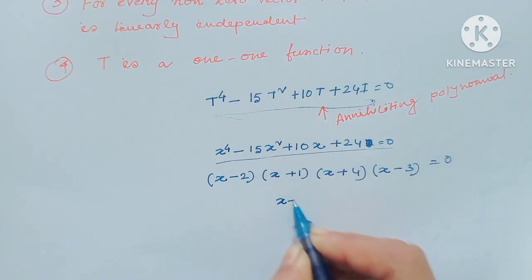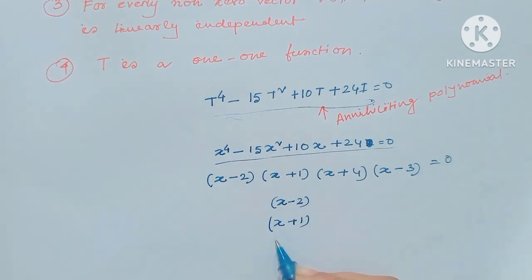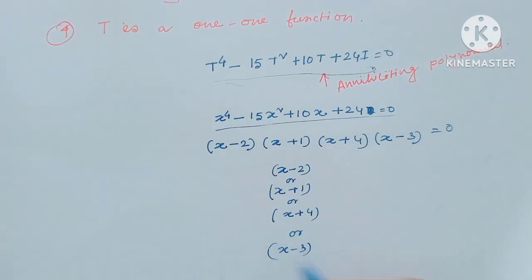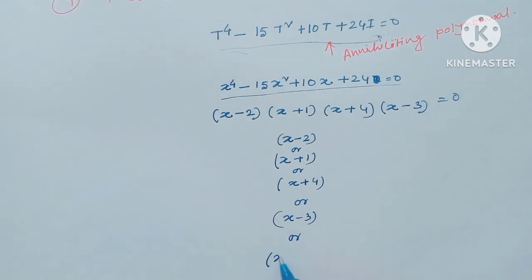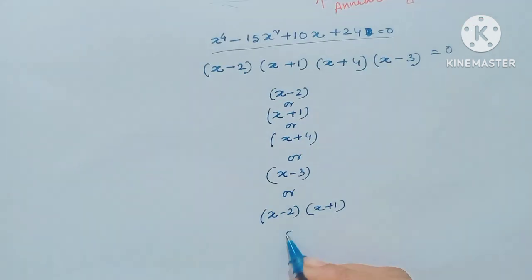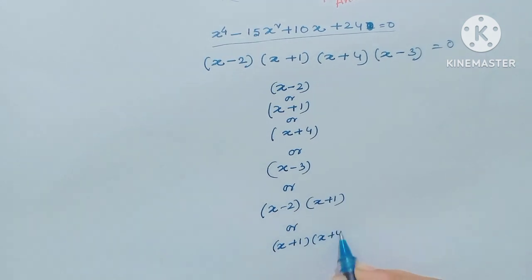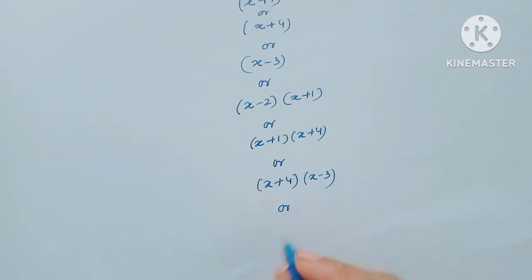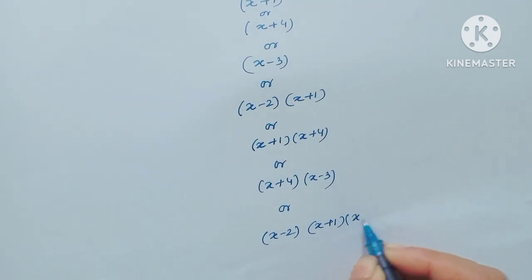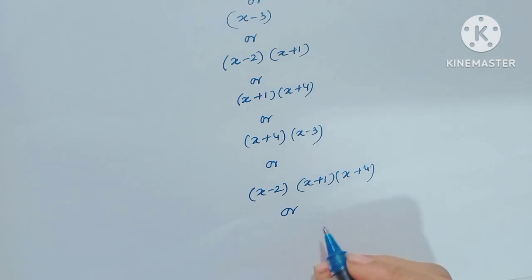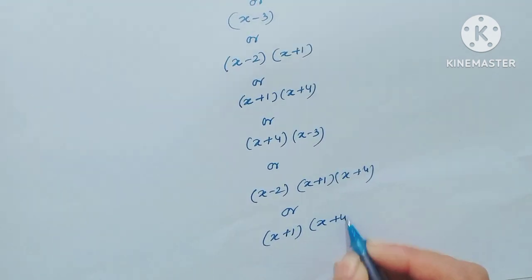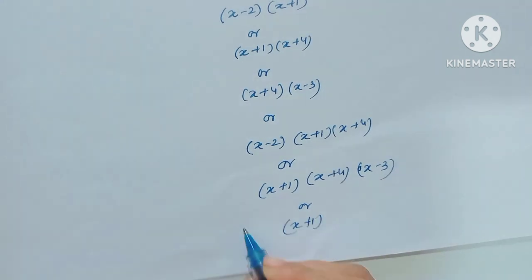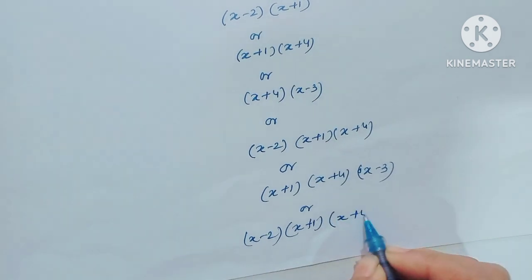Then the possibilities of the minimal polynomial are either x minus 2, or x plus 1, or x plus 4, or x minus 3, or x minus 2 times x plus 1, or x plus 1 times x plus 4, or x plus 4 times x minus 3, or x minus 2, x plus 1, x plus 4, or x plus 1, x plus 4, x minus 3, or x minus 2, x plus 1, x plus 4, x minus 3.